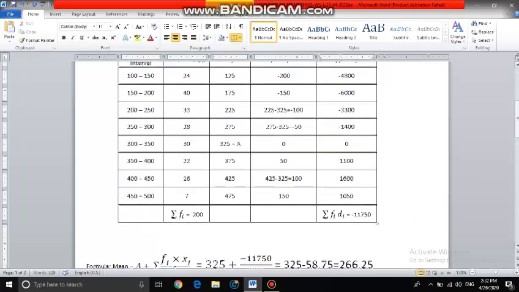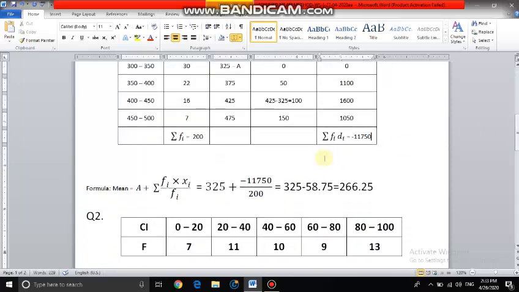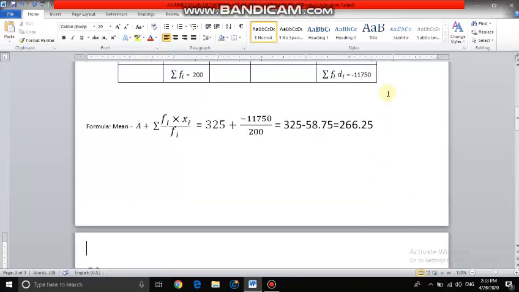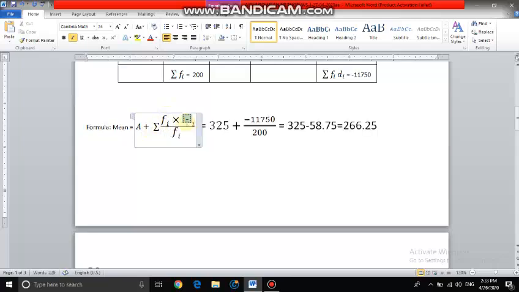Now the formula for the mean using the assumed mean method is A plus summation of Fi Di upon summation of Fi. It's not Xi, this is Di.